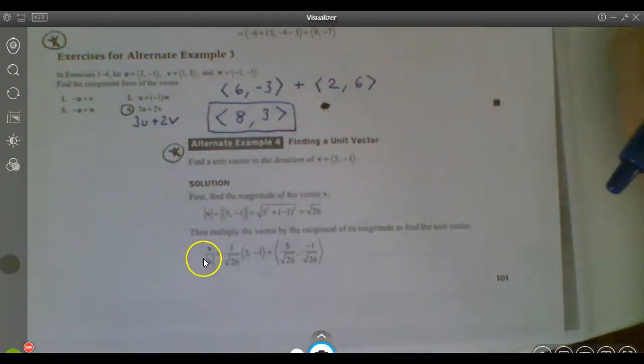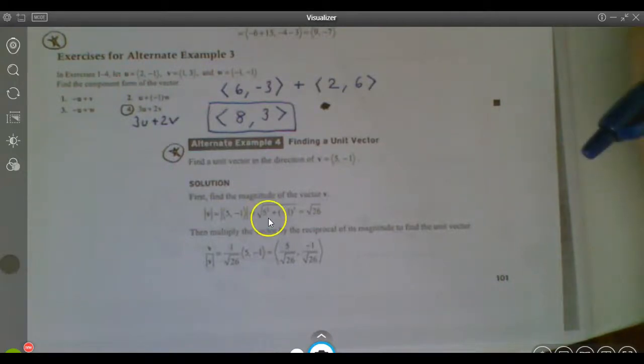So here's kind of the look, right? So if I'm going to do this to vector v, this is vector v. So I need to know what is vector v, and I'm going to divide that by its magnitude. So we're going to start out with just getting the magnitude of vector v, and it's basically Pythagorean theorem, right? Distance formula. We've seen that before, how distance formula is the Pythagorean theorem.